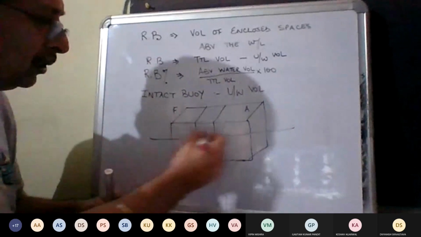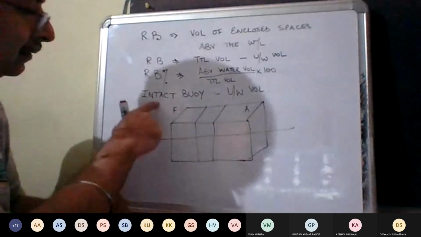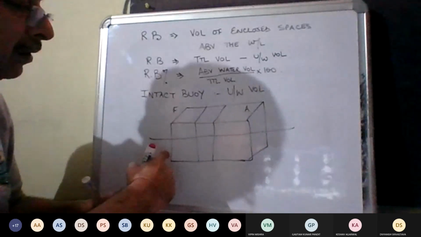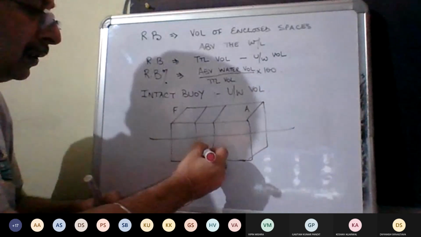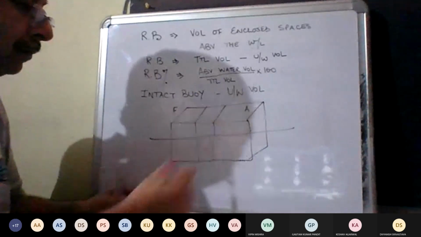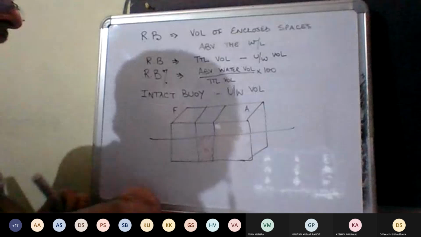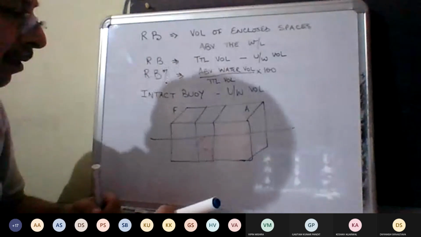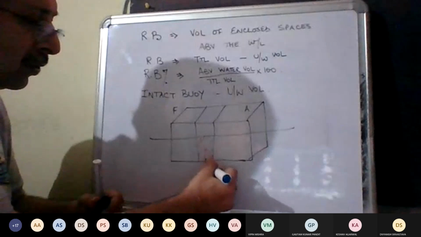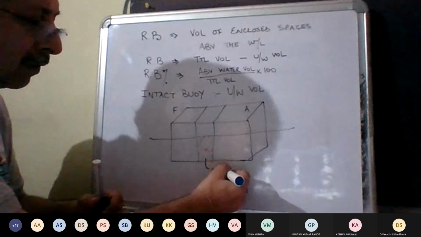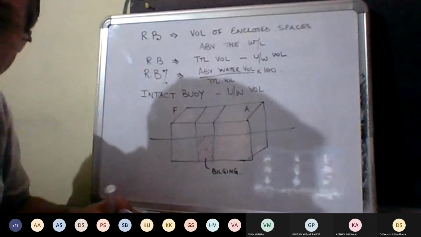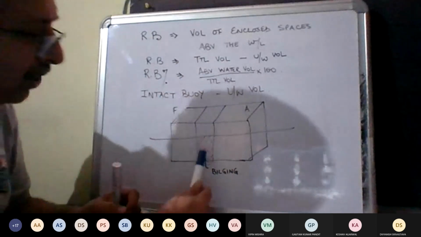So this is intact, this is my intact buoyancy. Now, supposing this gets holed and water fills in. This process of water filling is called bilging.